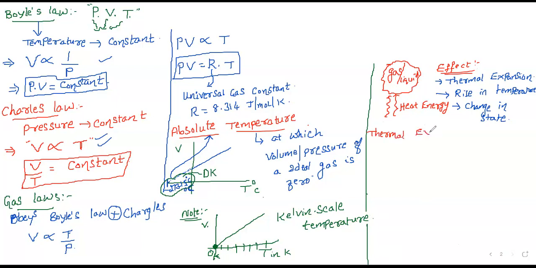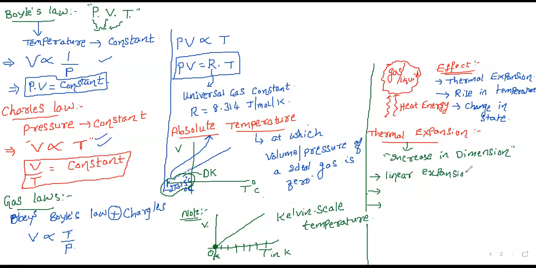In the case of thermal expansion, there will be an increase in the dimension. Based on that dimension, it is classified into three types. One is called the linear expansion, which is denoted with the symbol alpha.